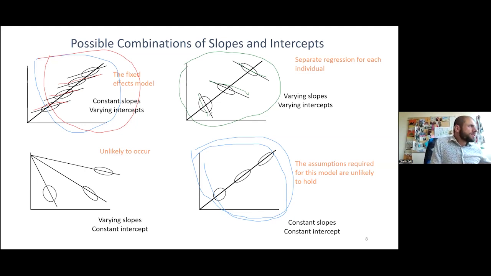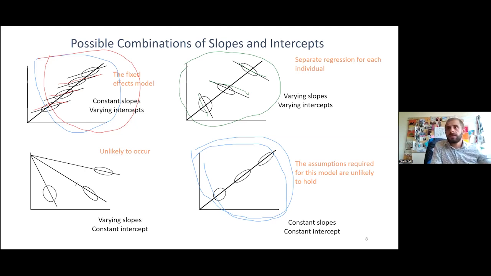The final case, which is very unlikely to happen, is the case where we have varying slopes but constant intercepts, in the sense that each individual will be affected differently, but all individuals will depart from the same point. And this is very unlikely to occur because what matters for us is whether we control for the unobservables that we have, which means that in this case we really need to control for the different intercepts much more than the different slopes.